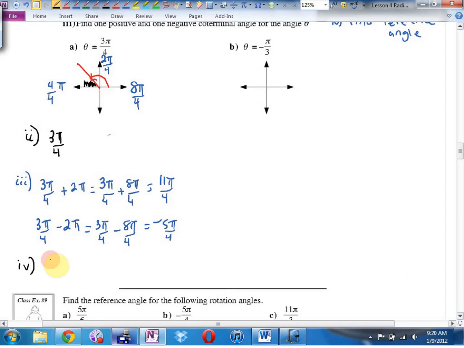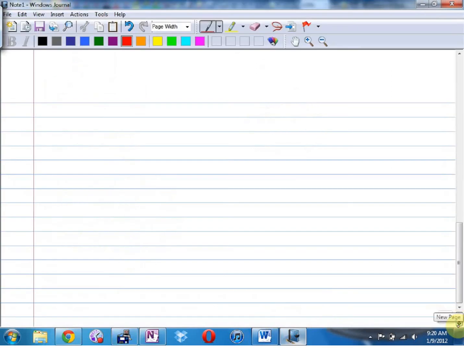Don't write this down. Just watch. We're going to do one together. What if I gave you 11 pi by 6? I would go like this. What's my denominator? This is 6 pi by 6. What's this then? 12 pi by 6. By the way, what's this then? 3 pi by 6. What's this then? 9 pi by 6.